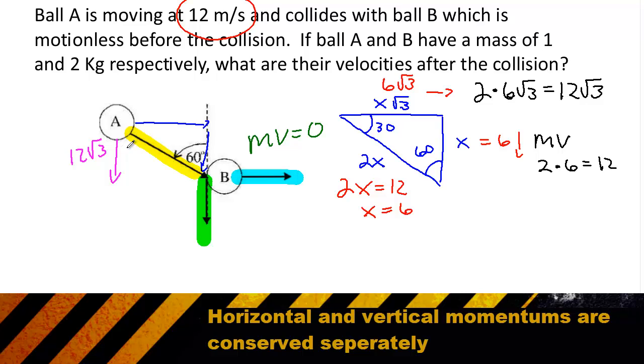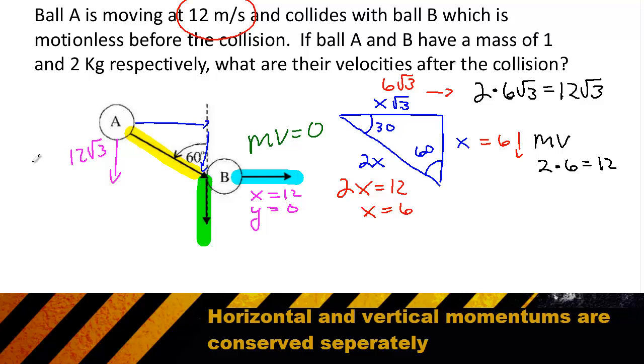But ball A doesn't have any rightward velocity. It's not moving to the right at all. That means that A lost 100% of its horizontal momentum, and that momentum had to go somewhere. It had to go to B. So now we know that B has a horizontal momentum of 12, but a downward momentum of 0.